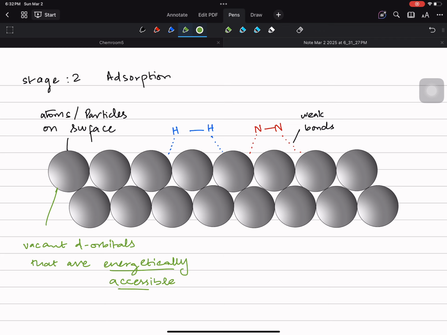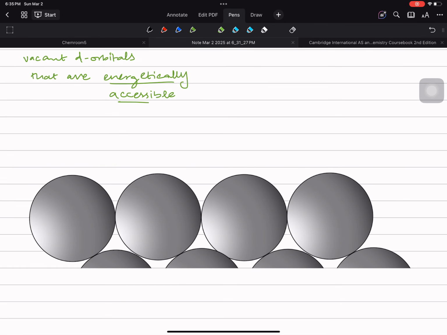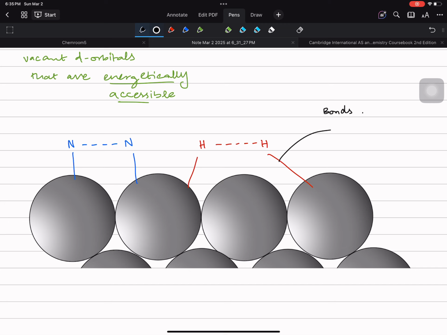Now, an important thing about these weak bonds is that, let's suppose, the nitrogen atoms and the hydrogen atoms for the Haber process make these bonds strong enough that the reactant bonds themselves break down. So these bonds that are made with the particles of the surface were strong enough to break covalent bonds between the reactants.